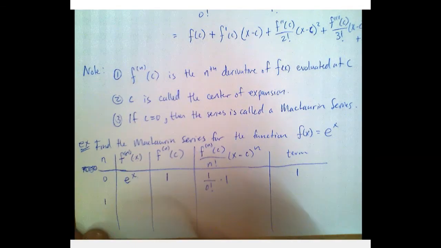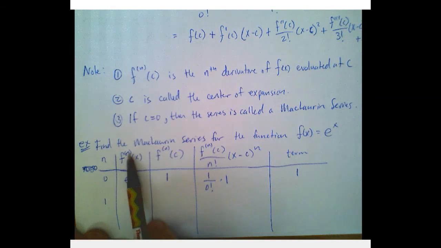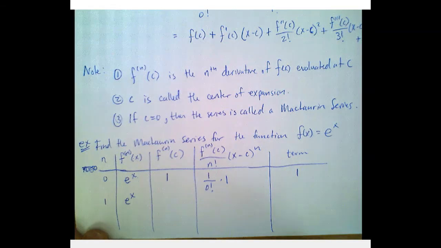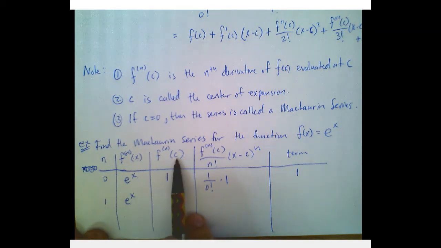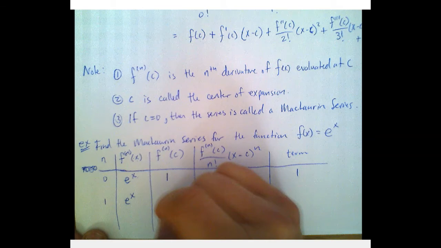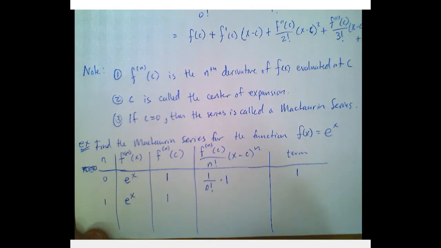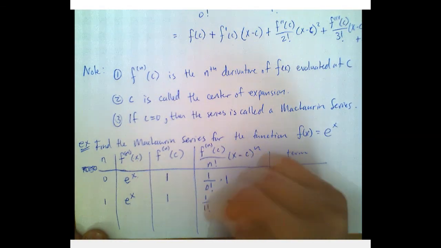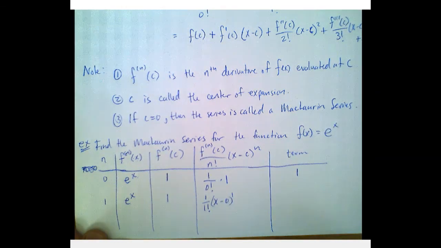If n is 1, this is the first derivative of f. So what's the first derivative of e to the x? It's just e to the x. What's the first derivative evaluated at c? C is 0 again. So the second term would be 1 over 1 factorial times x minus 0 to the first power. Simplifying this, we just get x.